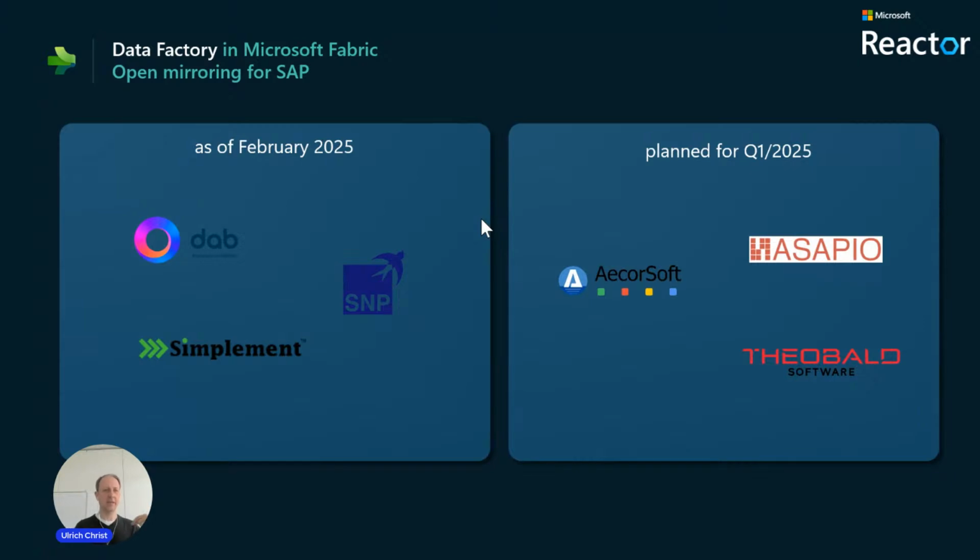So writing the data in the format expected and specified by us into the landing zone, and our mirroring engine will take it from there.